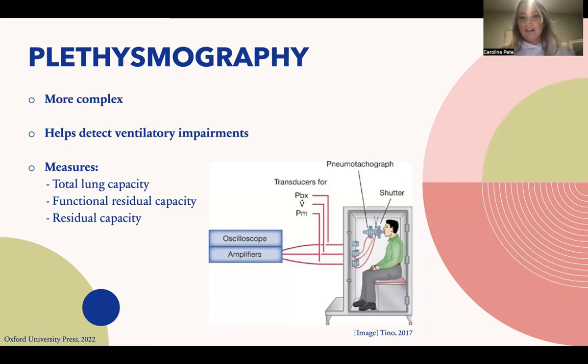The PM transducer right here senses pressure at the mouth, and the PBX transducer senses pressure in the box. These transducers are connected to amplifiers, as you can see right here, that display the box pressure or lung volume and mouth pressure on a monitoring system. This test helps detect ventilatory impairments such as restriction and obstruction.